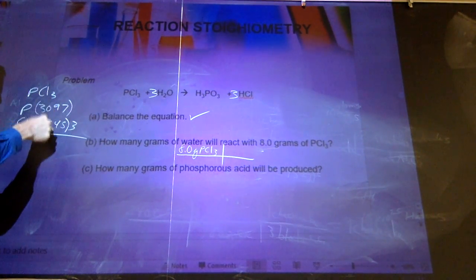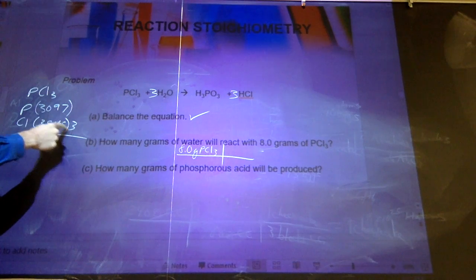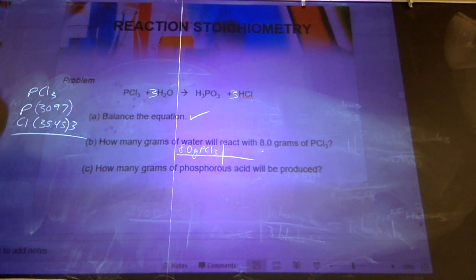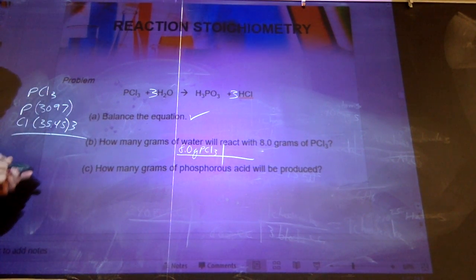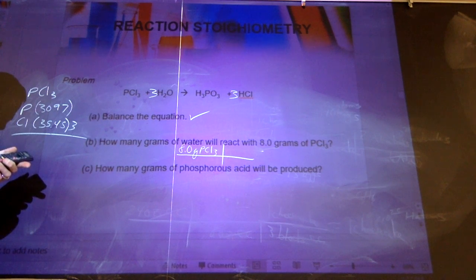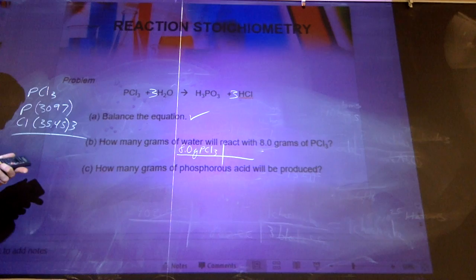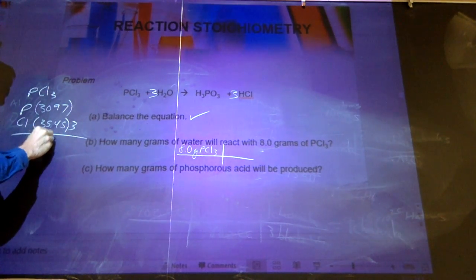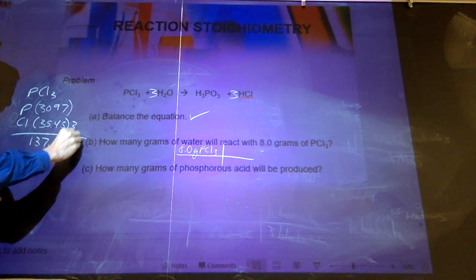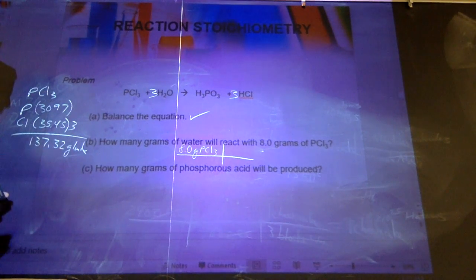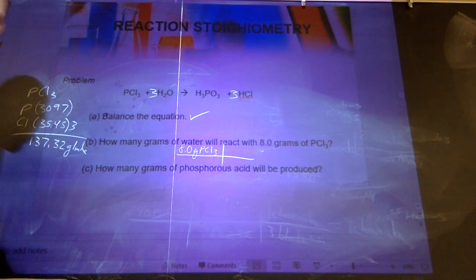So look at the atomic masses here. 3 times the chlorine, so I add all those up. So you get 137.32 grams per mole.